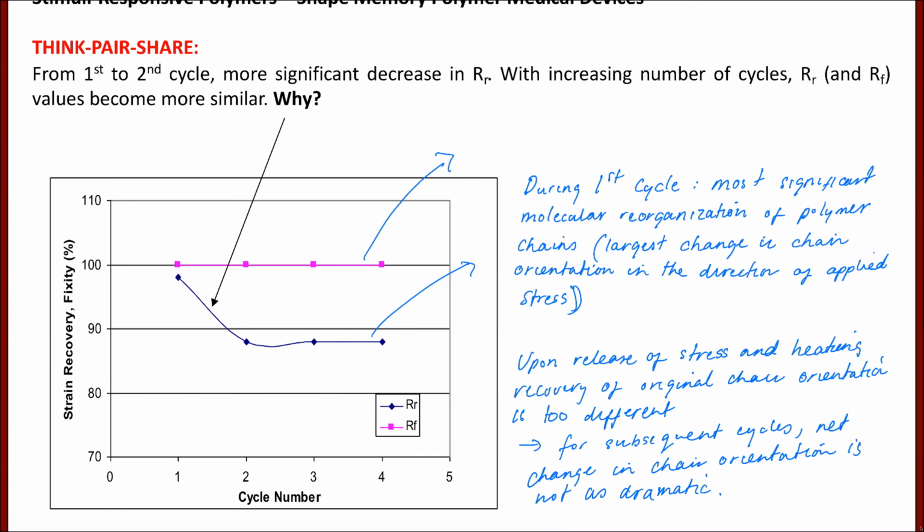So I had a question about this actually. If we're significantly reorganizing the molecular structure, how are we able to get almost 100% strain recovery after the first cycle? Right, at cycle 1.